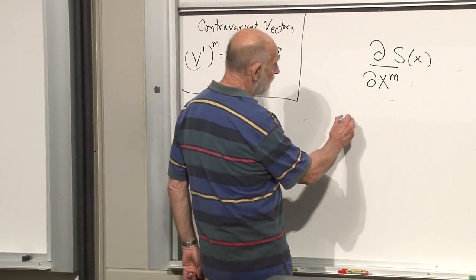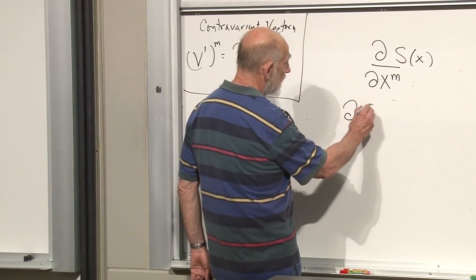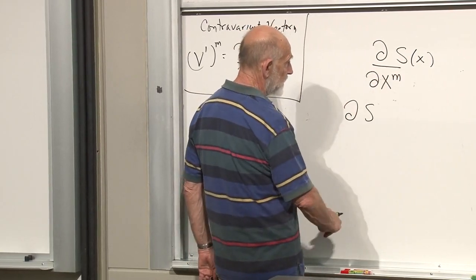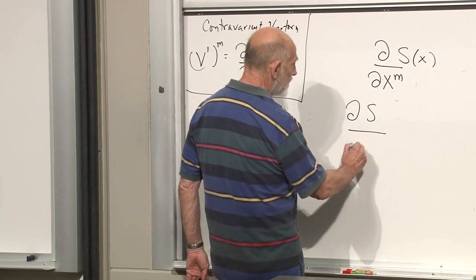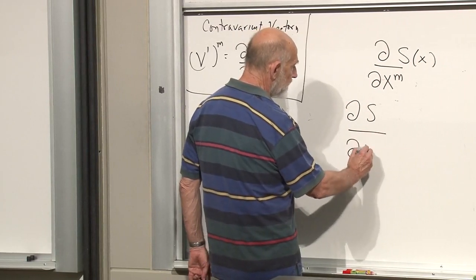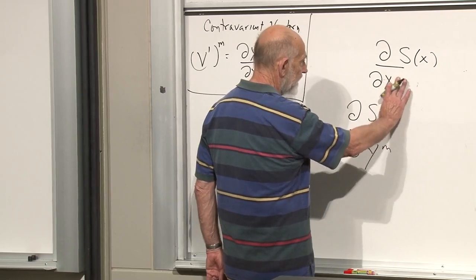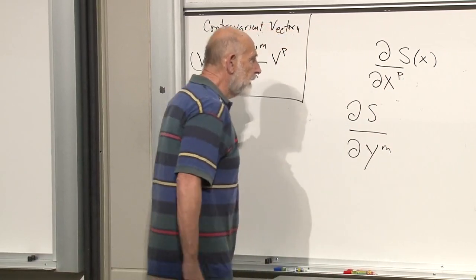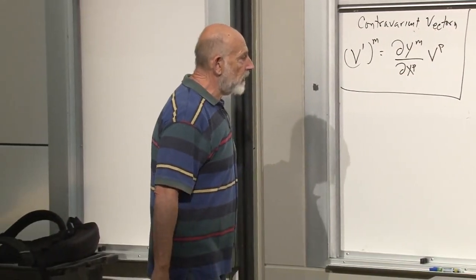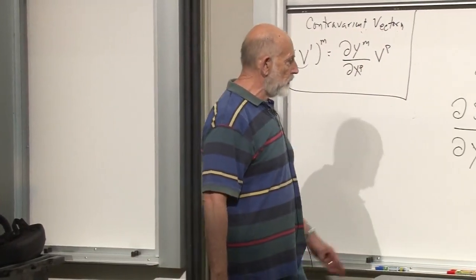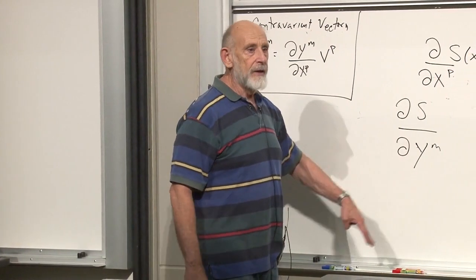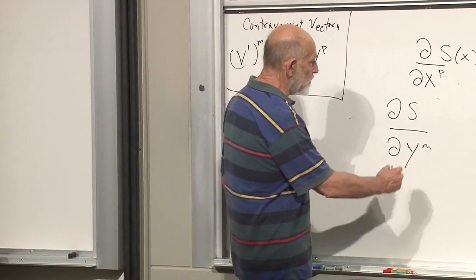It's easy to figure out how it does transform. Supposing we know this, can we compute what ∂S/∂y^m is? Can we compute the derivative of S with respect to the y's? Again, it's an elementary calculus problem.